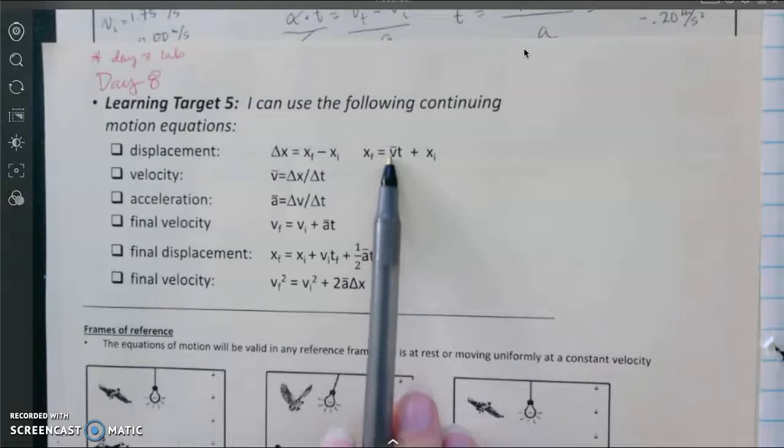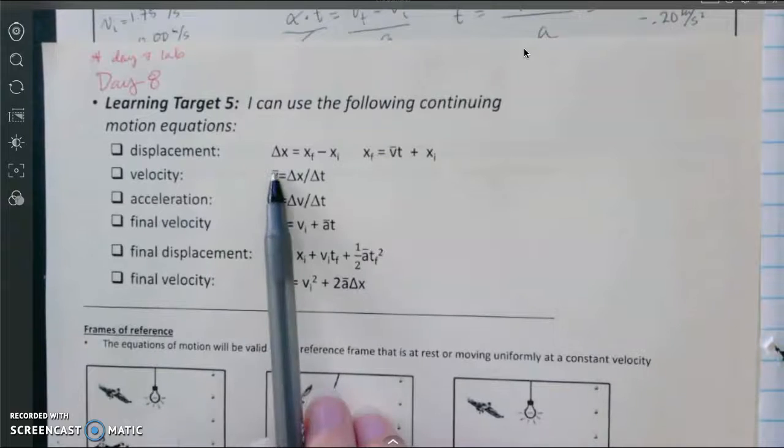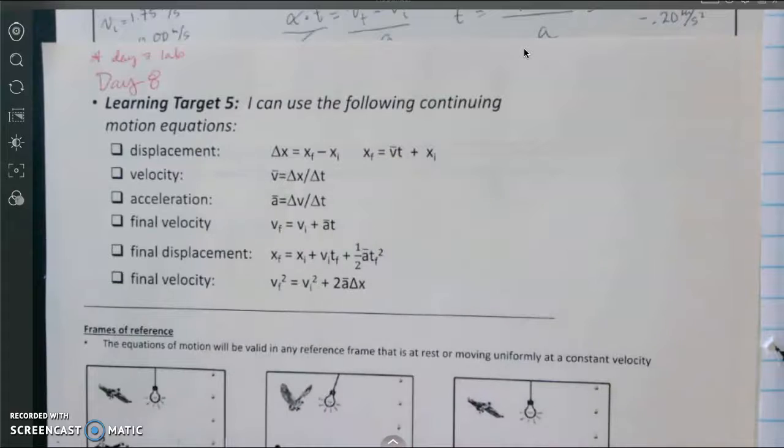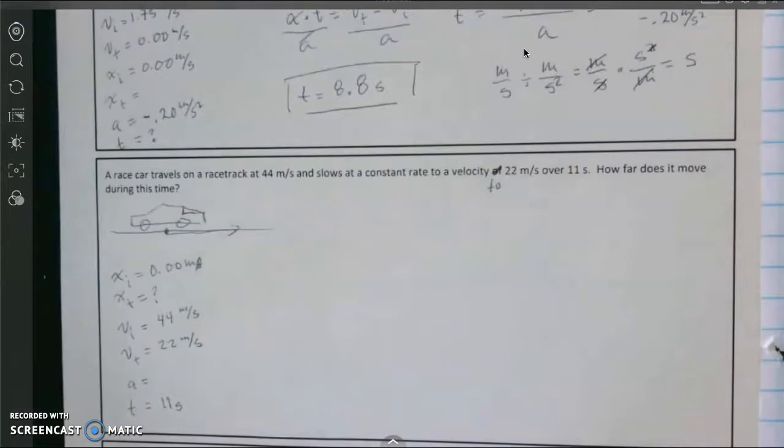That's my average velocity. These lines here denote average. So this is average velocity. And so, let's take a step back and solve for this acceleration that's occurring.